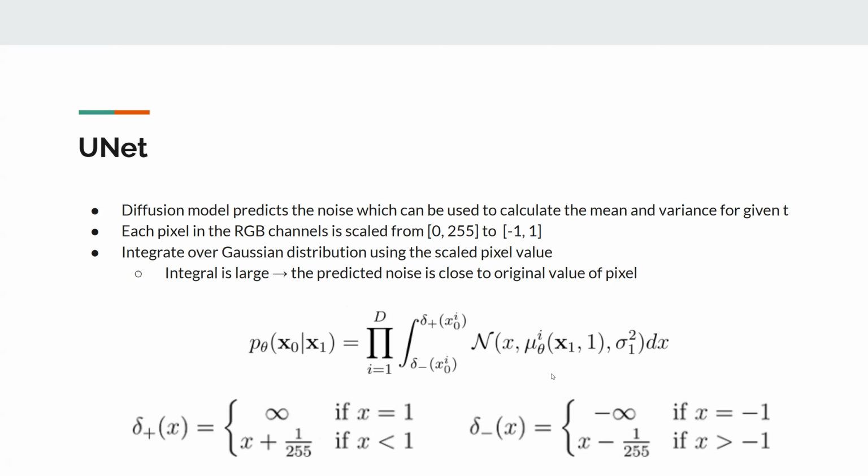Once the model predicts the noise at a certain time, you take the cumulative product of the probabilities of every pixel. Doing that, you get the probability of going from one state to the other. So it's kind of summing up the probabilities for each pixel. I'm not sure if that answers your question, Alex.